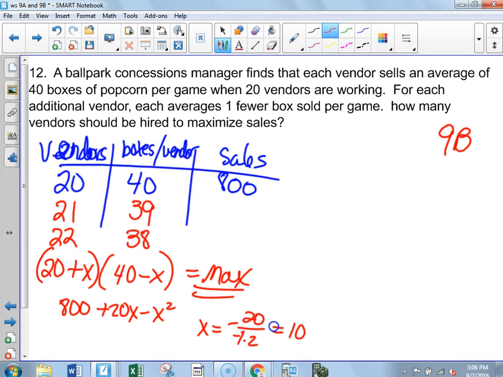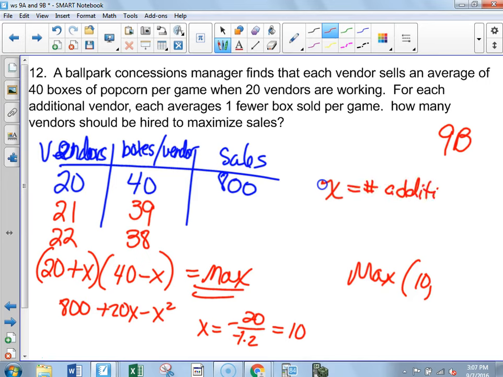So you would get 10. So the maximum occurs, is that right, guys? Did I do something wrong? Did anybody, what is the answer from yesterday? It was 10, okay. The max is at 10, and X was the number of additional vendors.